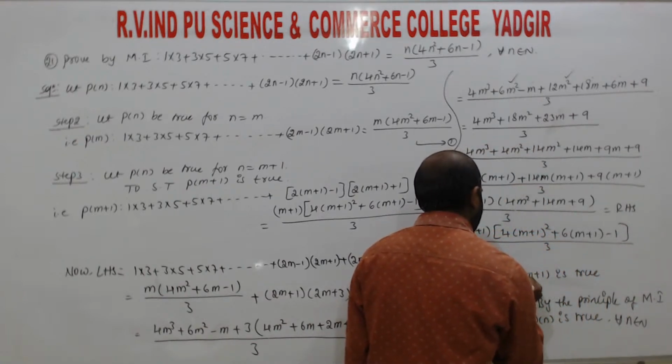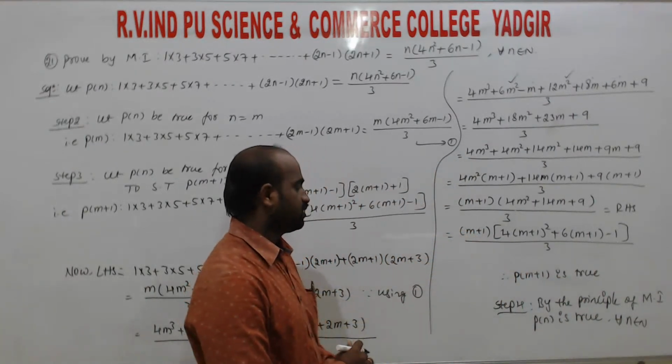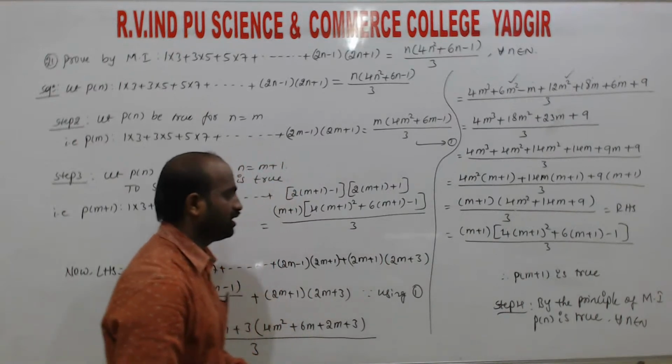Therefore, P of m plus 1 is true. This is equal to RHS by the principle of mathematical induction.